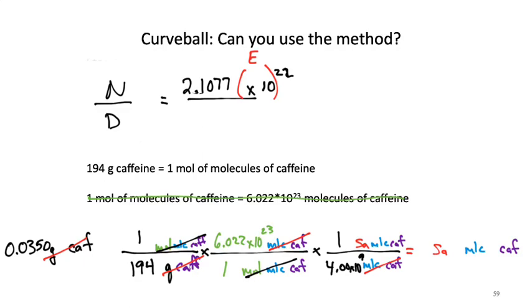So the bottom, 194 times 4 times 10 to the 9th.